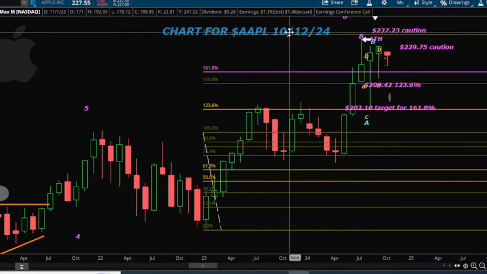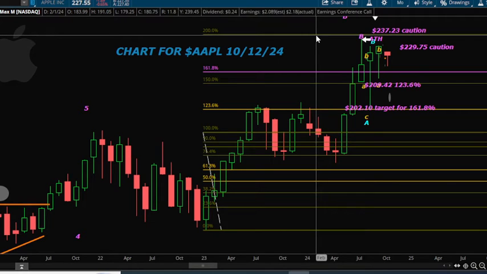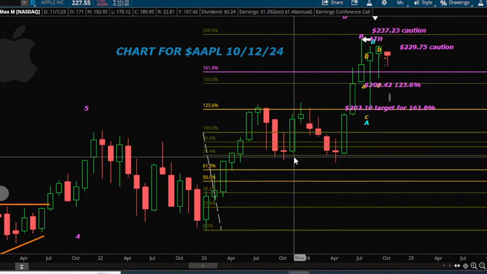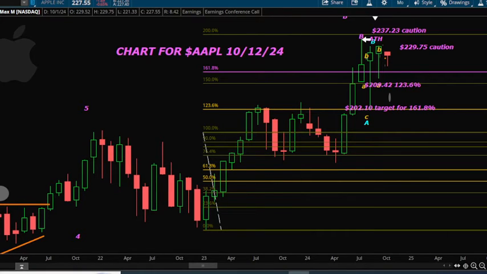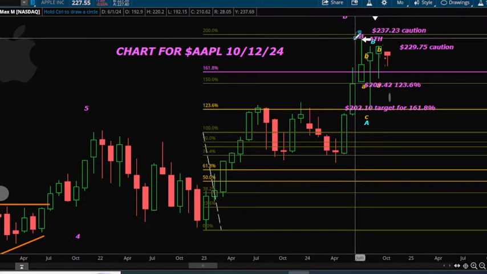It looks as though it hit the 200, pretty close to it. And I've noticed earlier in some of these Aapl waves internally, they did hit some 200 extensions. So we're going to go with that. I'm going to circle this one so we know we've counted this one already.